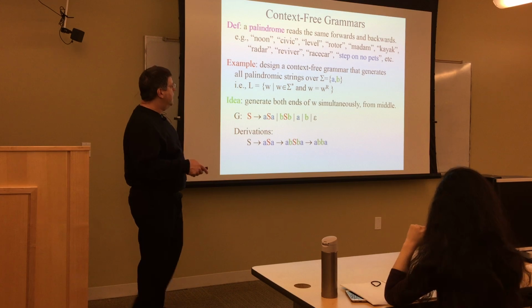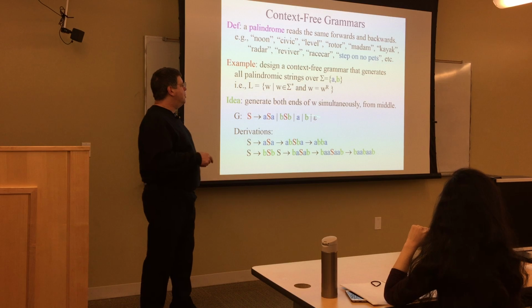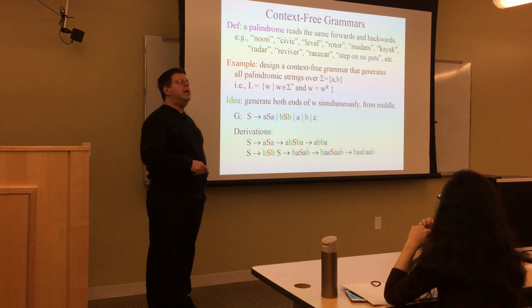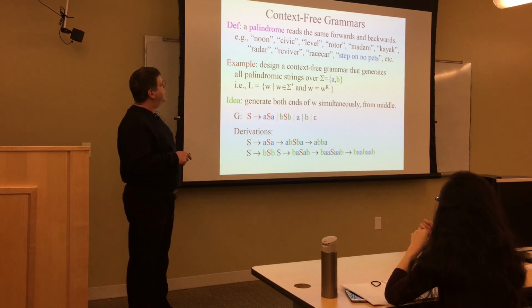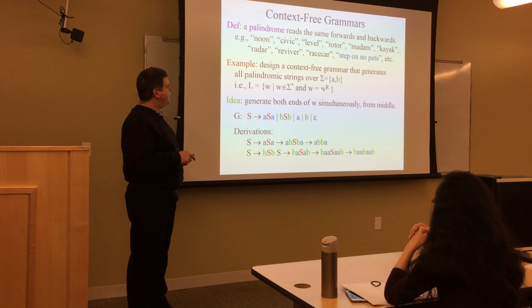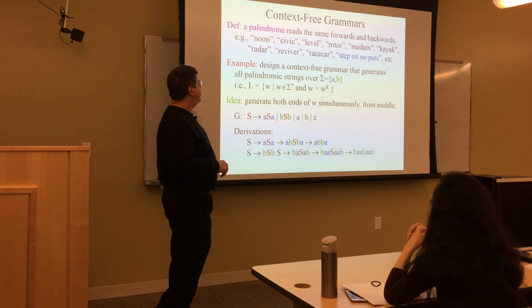And you have ABBA, which is a palindrome. And you can prove that this grammar will not only generate palindromes, it will generate all palindromes, not just some of them. Okay, so it satisfies this definition. A string that reads the same backwards as forwards, and it'll produce even length palindromes or odd length palindromes, both. Right?